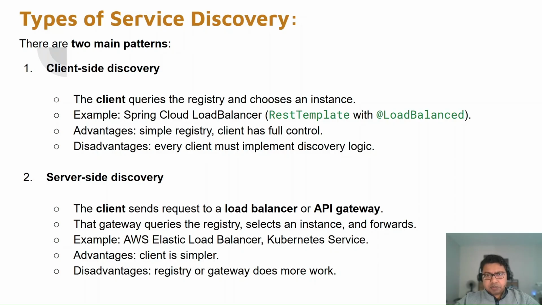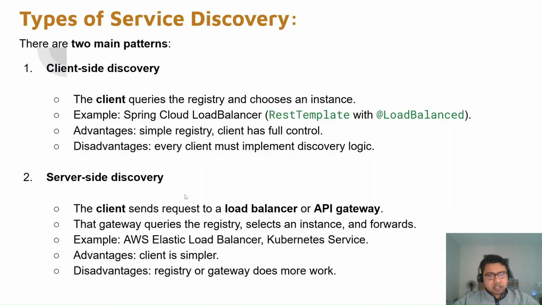Meaning each microservice is basically a client. So if we use client side discovery, we have to put all the logic inside each client. So that is a disadvantage, and that is why in a prod environment or in a real environment we do not use client side discovery, rather we use server side discovery.